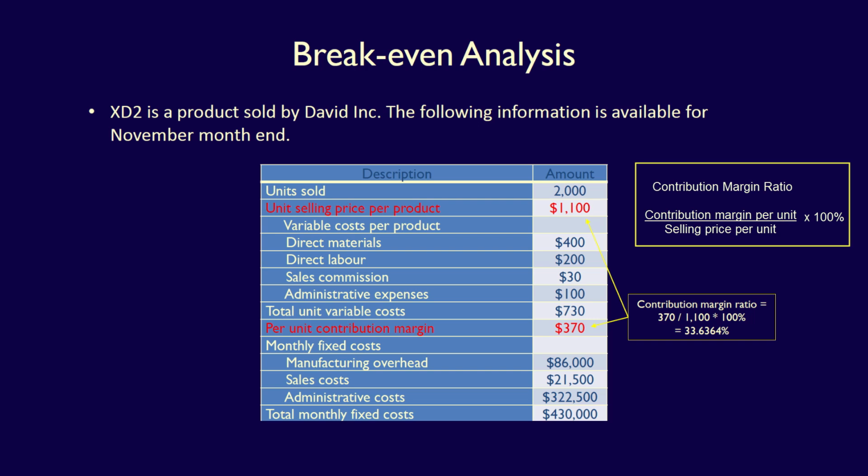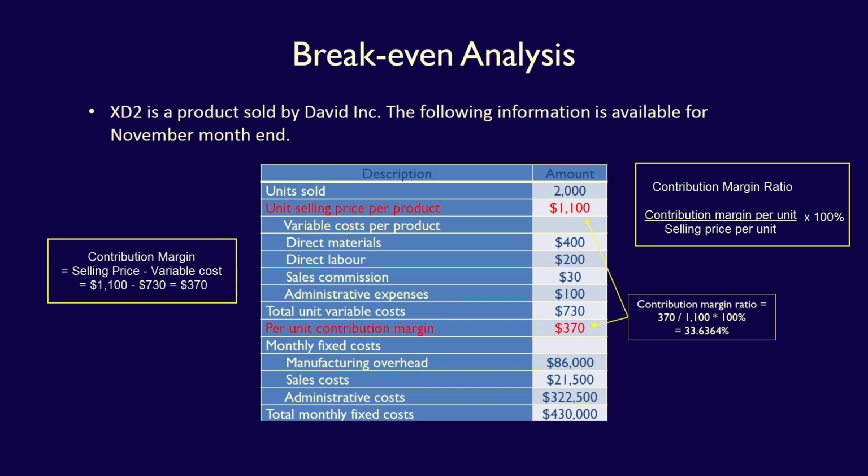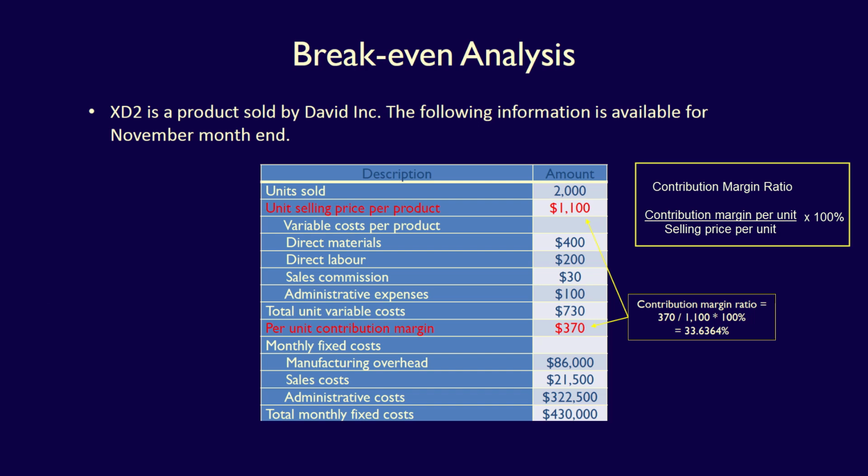The contribution margin ratio is equal to the contribution margin per unit divided by the per unit selling price multiplied by 100%. We know that the contribution margin per unit is equal to $1,100 minus $730, which is equal to $370.